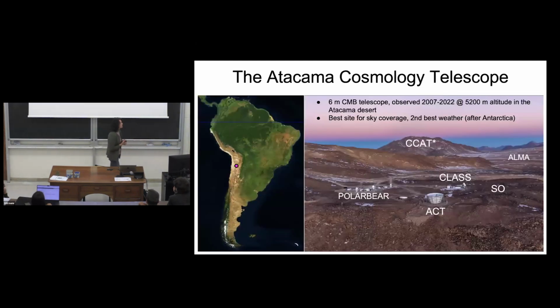Right, so the Atacama Cosmology Telescope, from its name, we guess it is a cosmological telescope located in the Atacama Desert in Chile. It's a 6-meter, I'll be talking in the past.